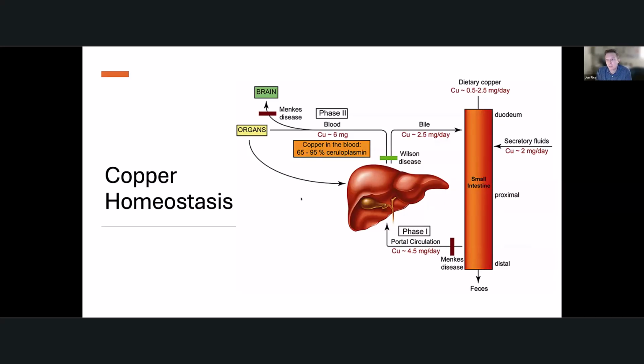And then it's excreted into the blood where it's transported to the tissue where it's utilized in its tasks. Excessive copper is then excreted into bile by the ATP7B, where it then exits the body through feces. And so you can see here, interruption of the ATP7B by Wilson's disease interrupts this transportation and delivery of copper, as well as the excretion of it.